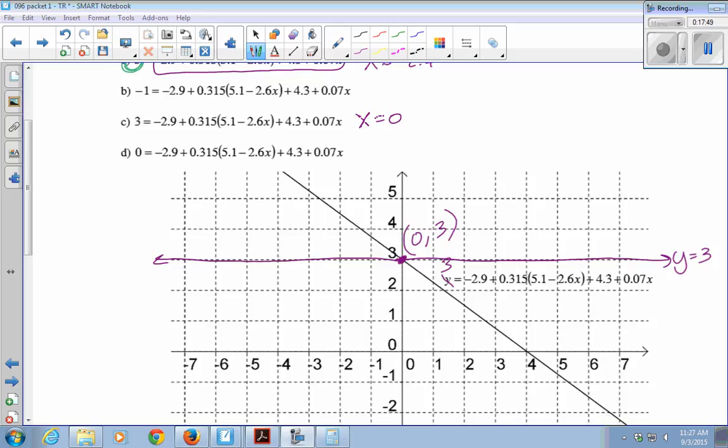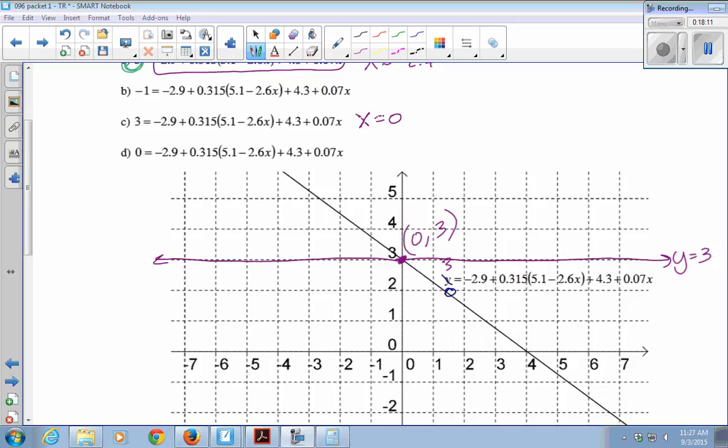All right, so let's see, I'll do the other one in a different color. Now I'm replacing my y coordinate, I'm replacing y here. I'm replacing y with 0. Okay. So I'm looking for a point on my line that has a y coordinate of 0.